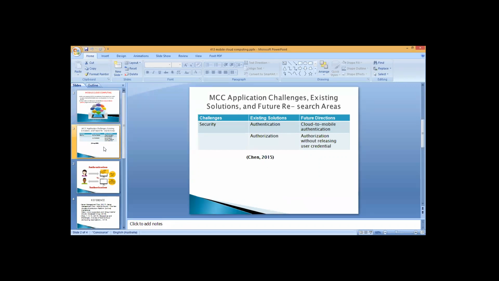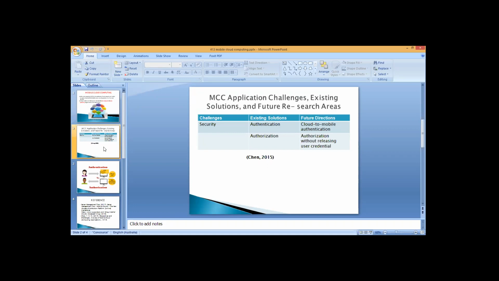So far, through the findings, we have achieved one-way authentication, that is from mobile to cloud, but security can be compromised. So more research needs to be done so that authentication is bi-directional, both ways, from mobile to cloud, and vice versa, cloud to mobile, so that we have full authentication.